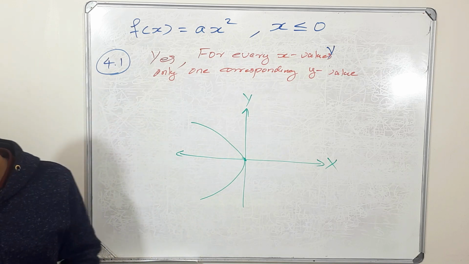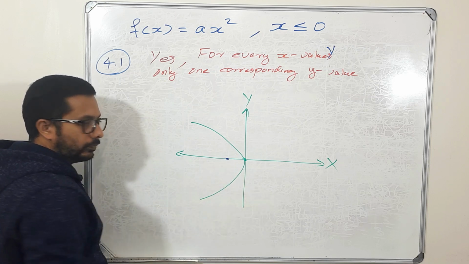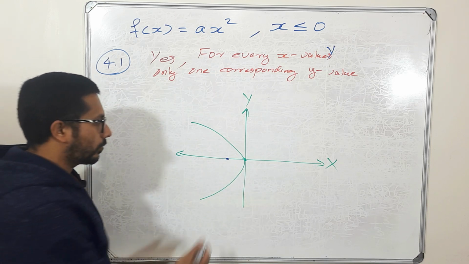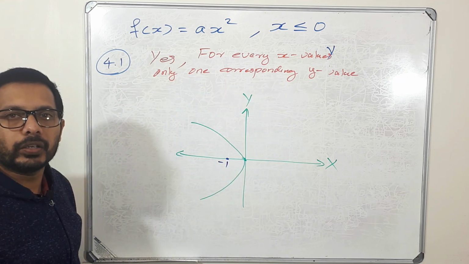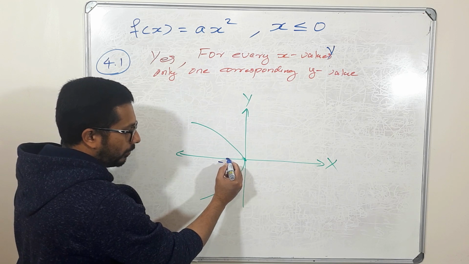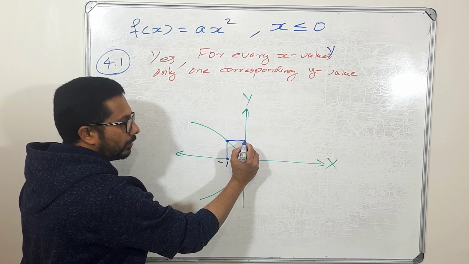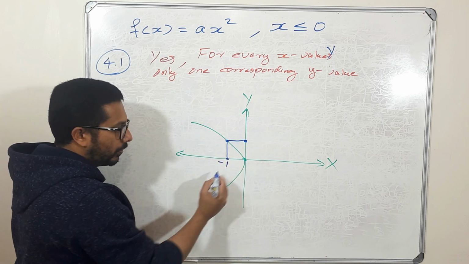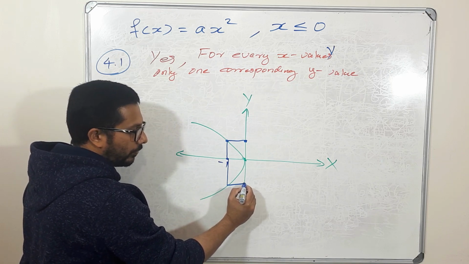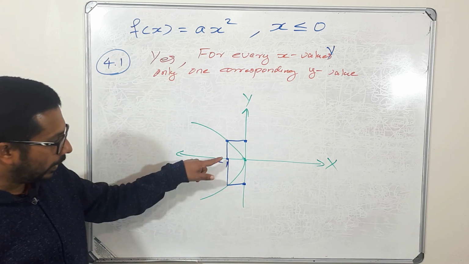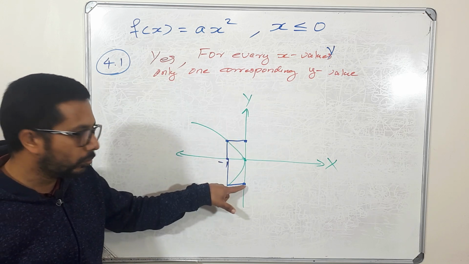Assume that I took one x value here. Assume that is -1. So for this -1, how many y values am I getting? You can see that to both sides there are y values. Here this is one y value, and here if I draw to this side there is another y value. That means for one x value, for example -1, I am getting two y values.